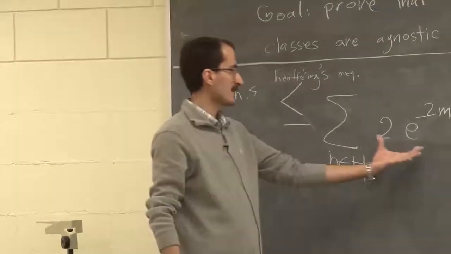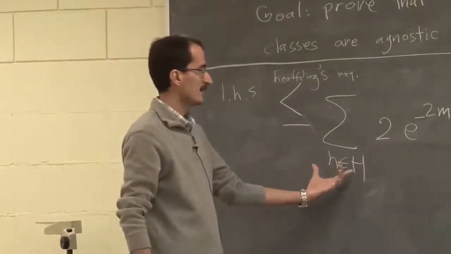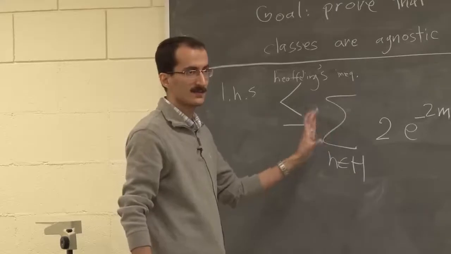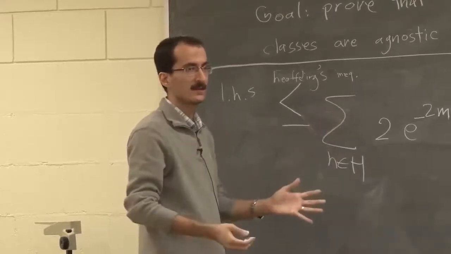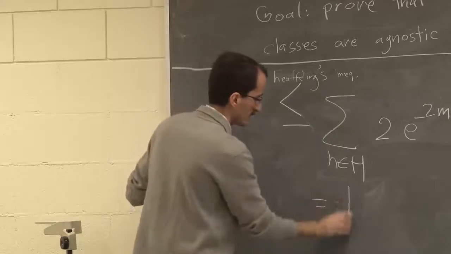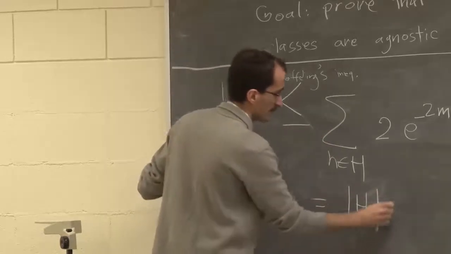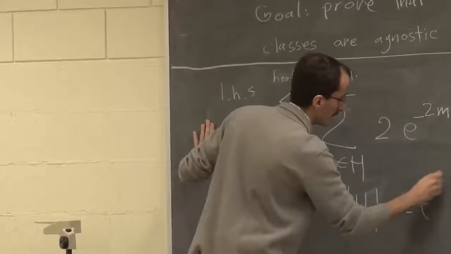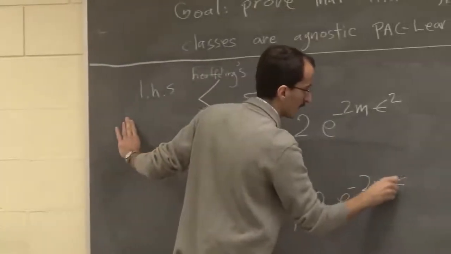So it's a constant thing. It doesn't depend on h anymore. So it's just a sum of the same things. So how many things do I have here? It's just the size of H times 2 e to the minus 2m epsilon squared.